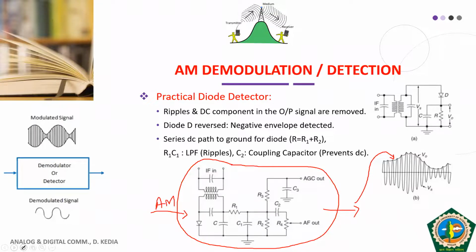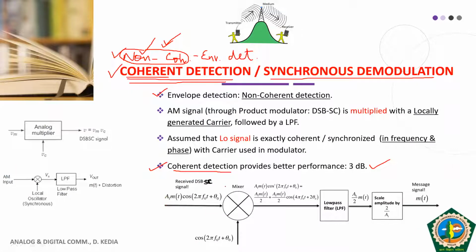Whereas in coherent detection, we have the AM signal, and this AM signal is multiplied or mixed with the carrier signal. This is the major difference.